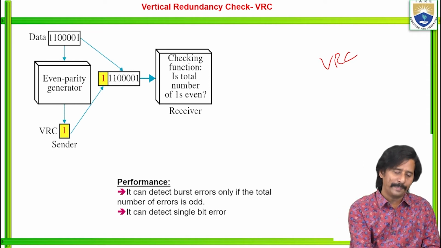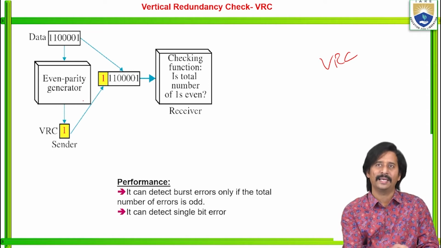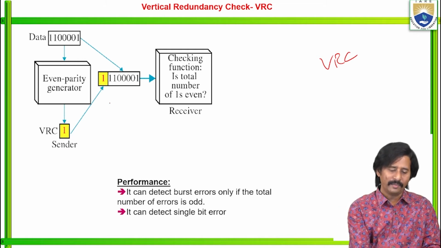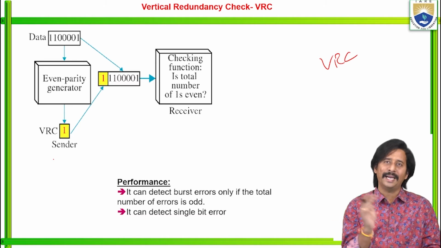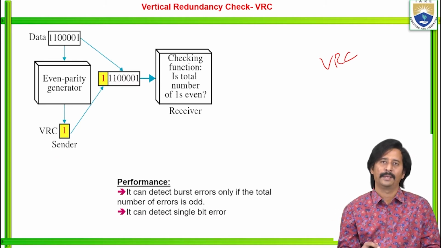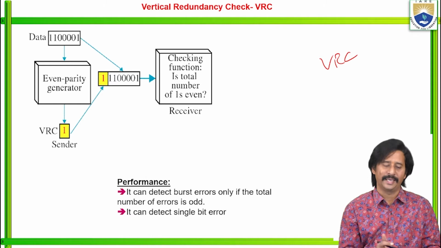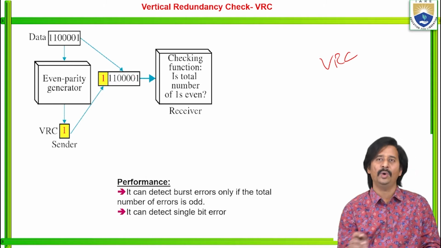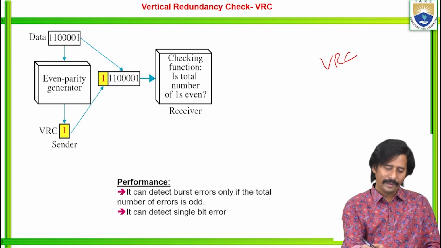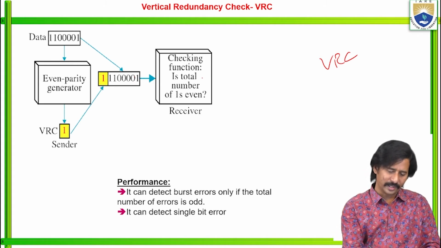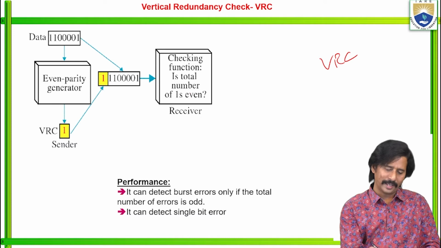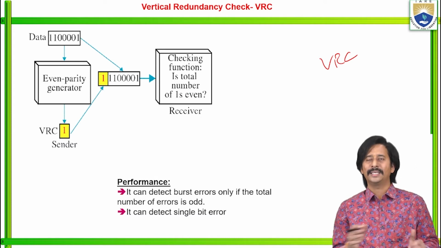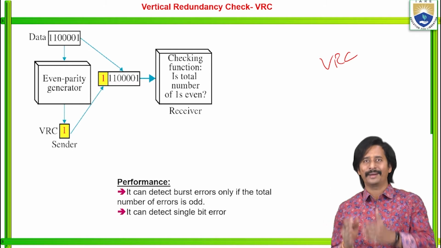We have an even parity generator, then the vertical redundancy check at the sender side. What happens is a 1 is added in front of the original data, giving 111000001. Now the vertical redundancy checking function checks whether the total number of ones is even or not. That describes the vertical redundancy check.